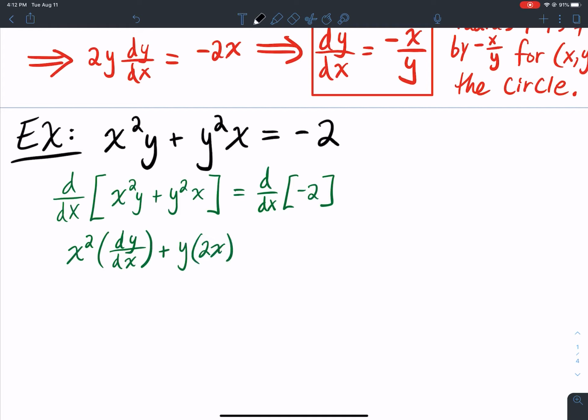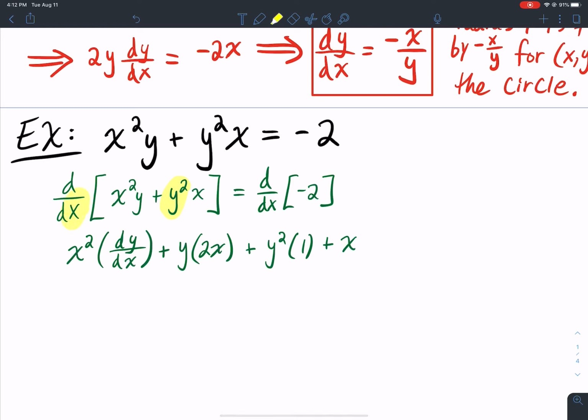Okay. So I just took care of that part. Now I need to take care of this part. Guess what? It's another product rule. So it's the first times the derivative of the second. The derivative of x is just 1, plus the second times the derivative of the first. The derivative of y squared.